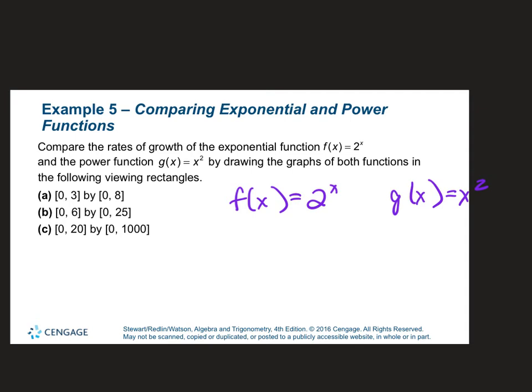Guys, how do you know this is a quadratic? Because it's x squared. How do you know this is an exponential function? Where is the exponent? I mean, where is the variable?